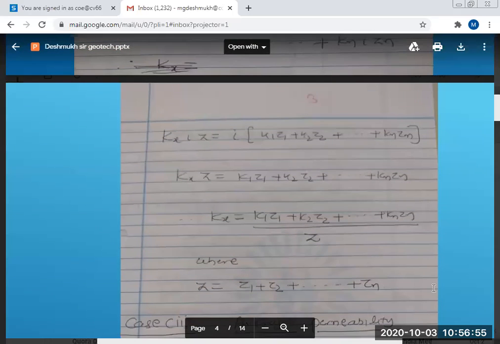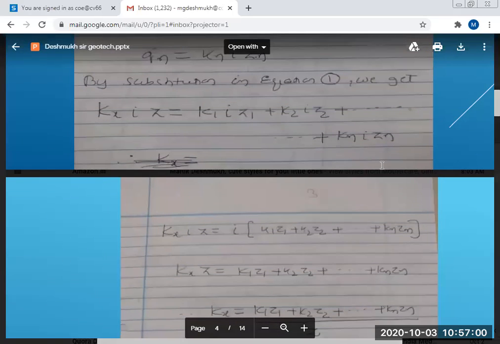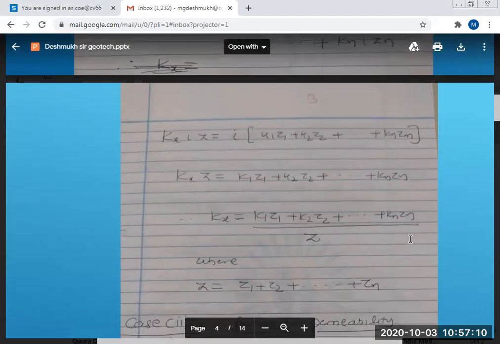Take down this also. After substituting here, you do this one, and write up to here, please. So this is the formula for permeability when the bed planes are parallel to the flow.